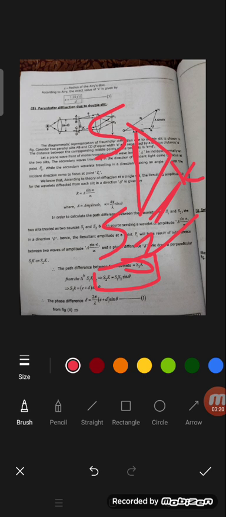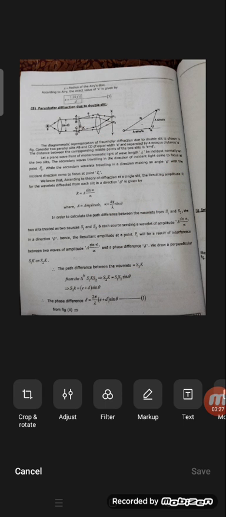As S1S2 is equal to e plus d, S2K is equal to e plus d sin theta. Then the phase difference delta is equal to 2 pi by lambda times e plus d sin theta.